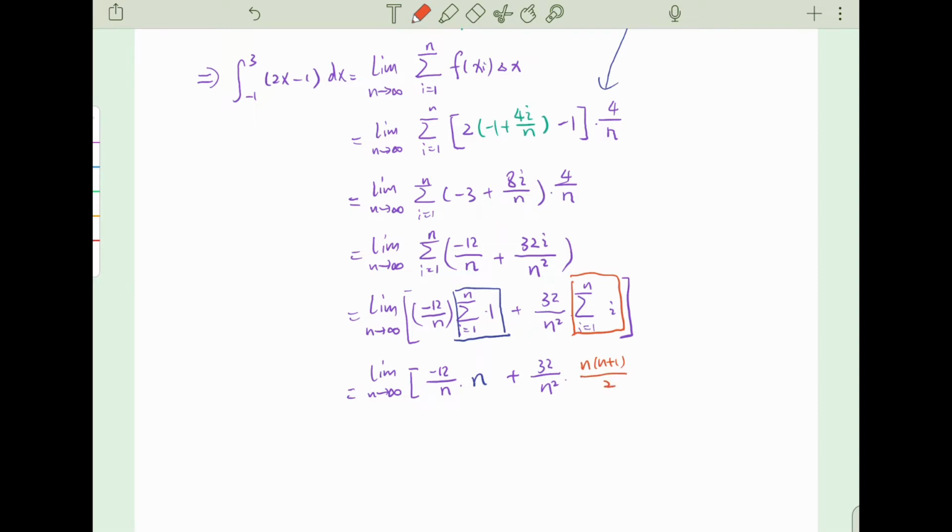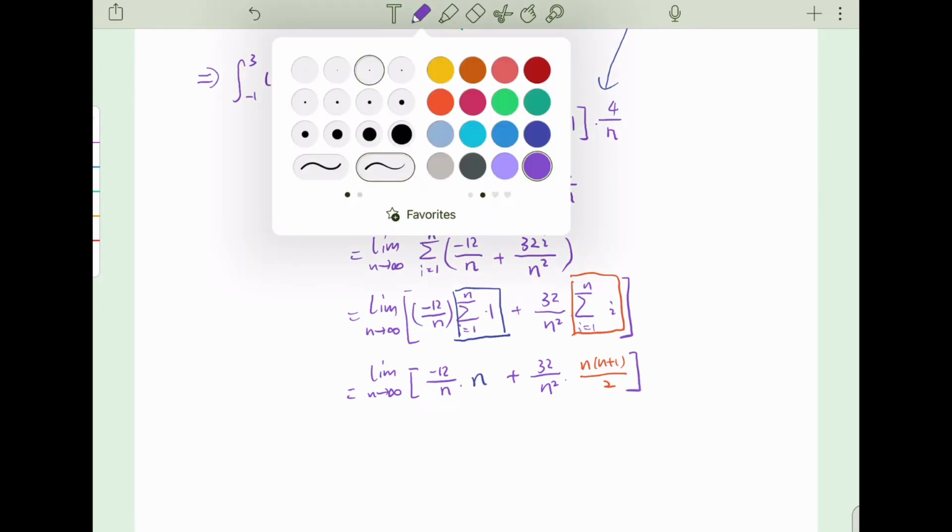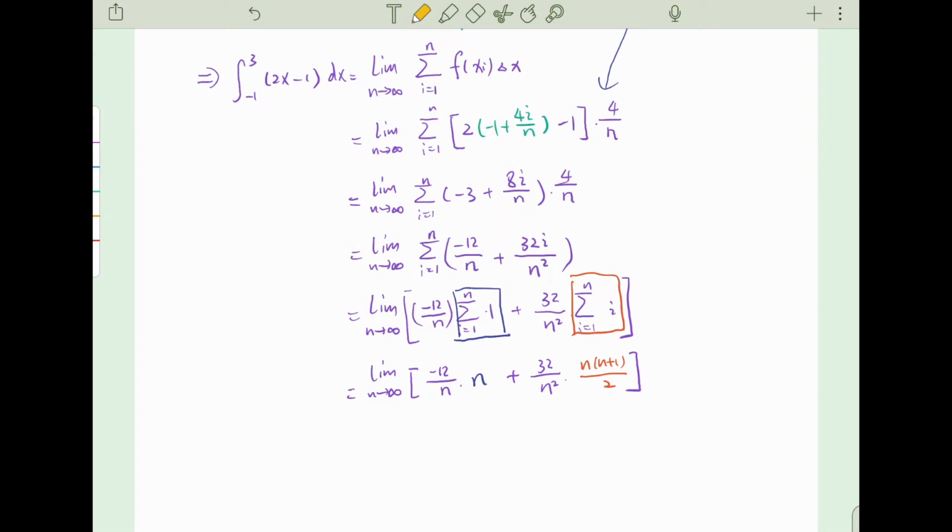Right? It is a formula in a textbook which you can look up. And I also remind you about the other formula you will encounter very soon. That is the summation of the squares. That is going to be n times n plus 1 times 2n plus 1 divided by 6.